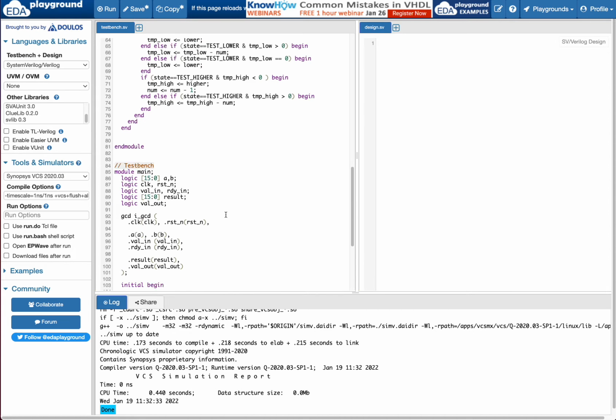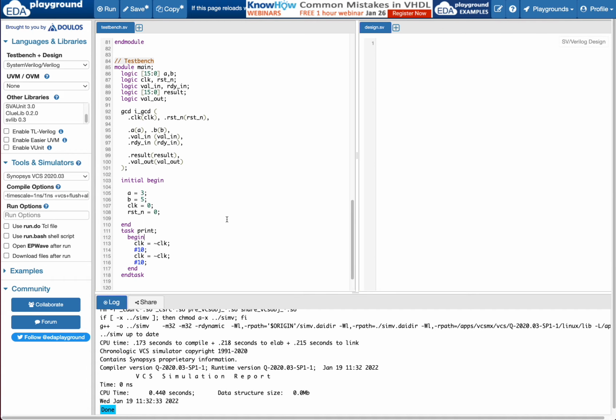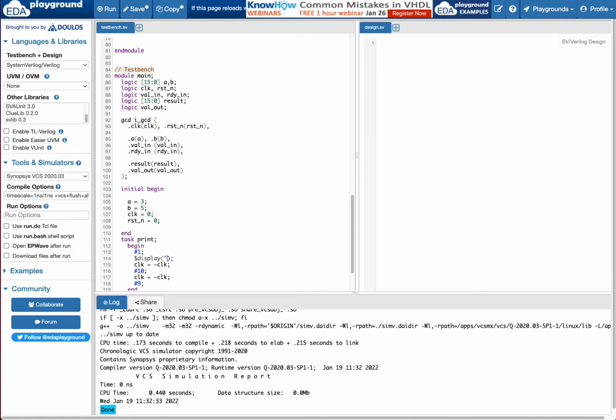And then I care about this cycle, so maybe I'll display something this cycle and then do something like this, and then I can say I want to take a look. I know what my A and B is, so I'll just look at val in, ready in, and then also I'll look at the state, next state rather.